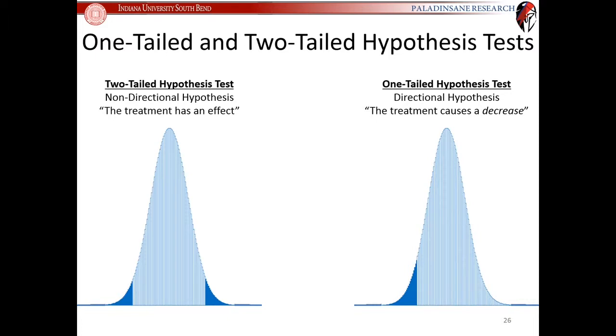Does my treatment decrease certain things? So in that case, you would want to have this side of your distribution, your comparison distribution, have the tail. So the tail is always on the side, the line in the sand is always on the side that you're interested in. If you're interested in a decrease, you pop it all onto that side. If you're interested in an increase, you put it all on the positive side.